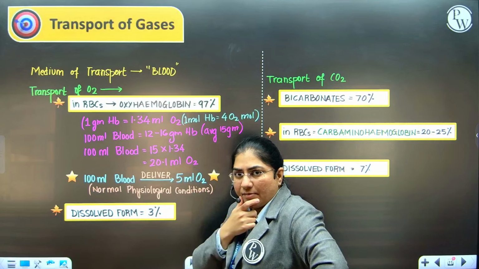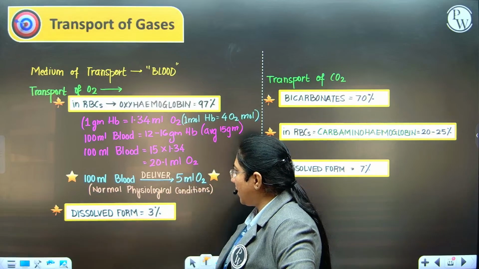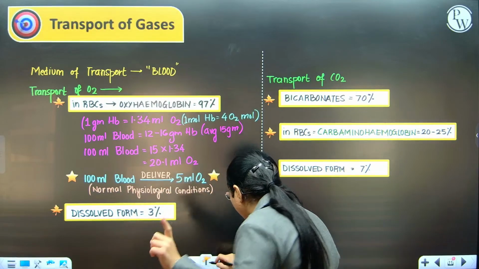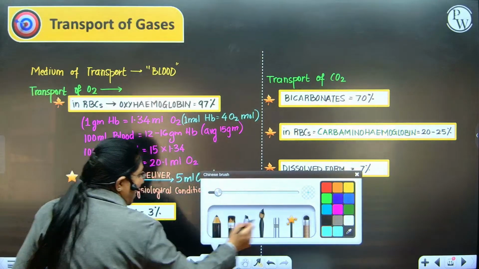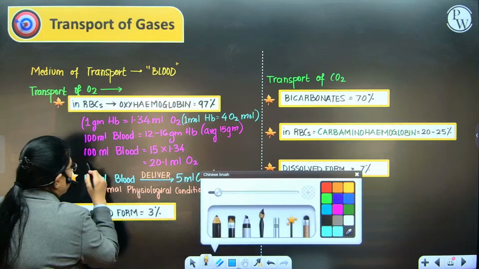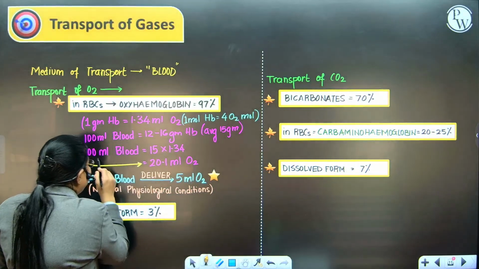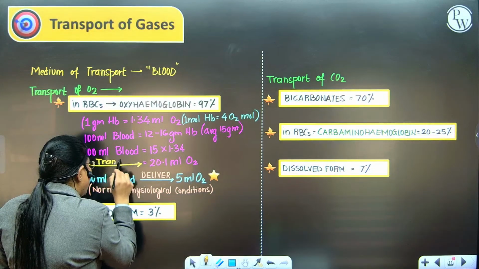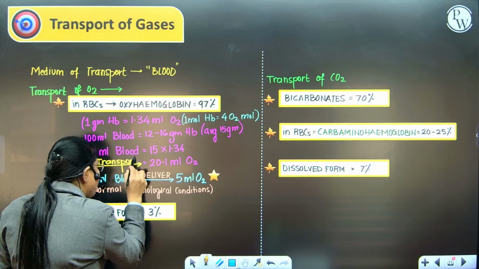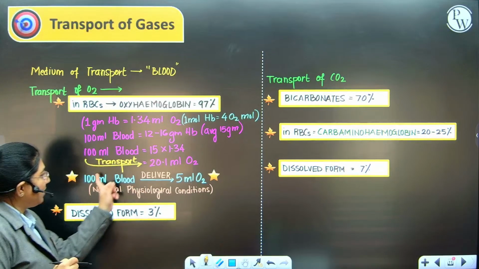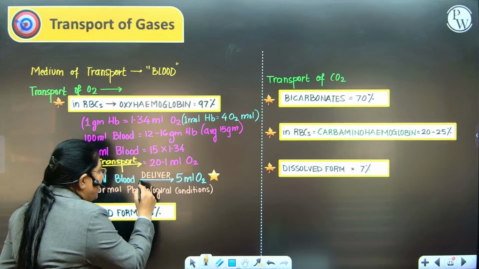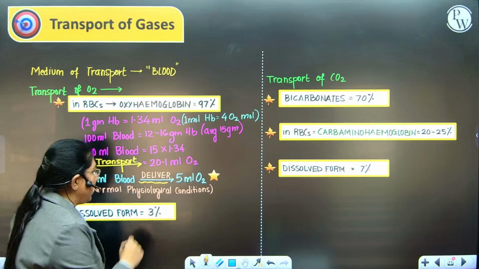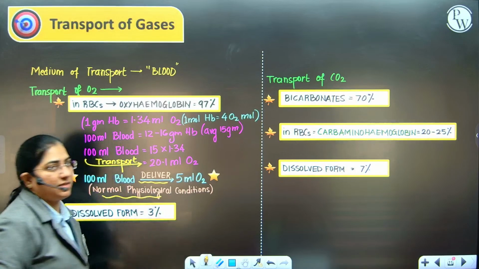But ma'am, you just said it delivers 5 ml and here you are saying 20 ml. Now this is a twist that can come, wherein they can ask you what 100 ml of blood can transport. My dear NEET aspirants, remember 100 ml can transport 20.1 ml but delivers 5 ml under normal physiological conditions.